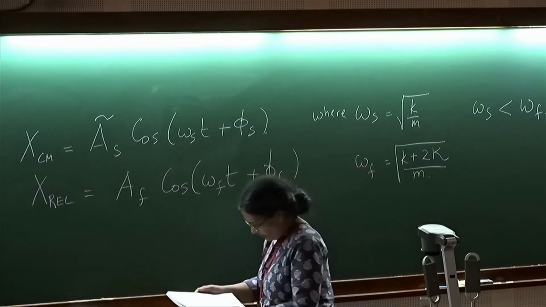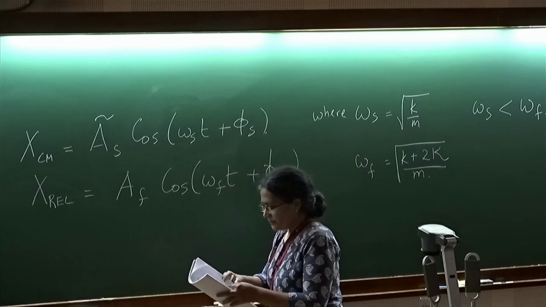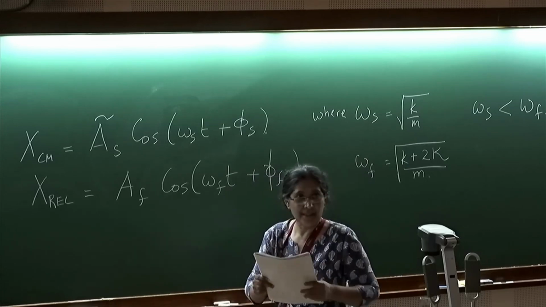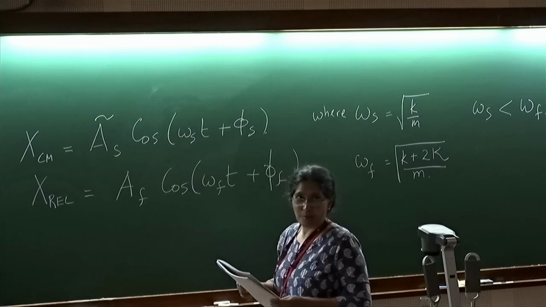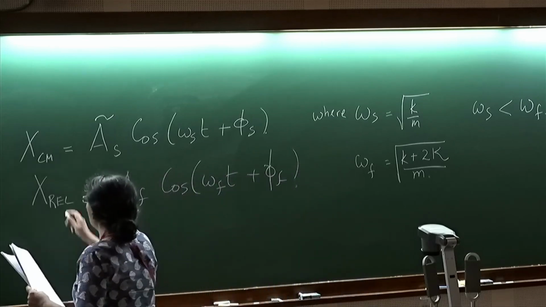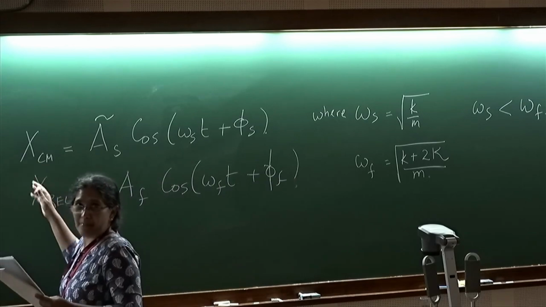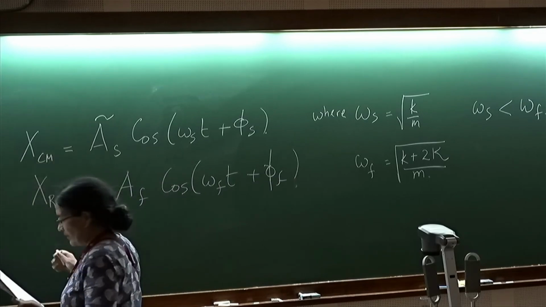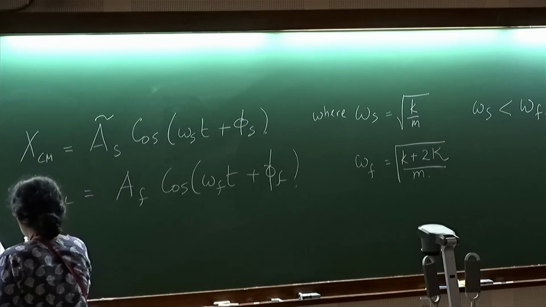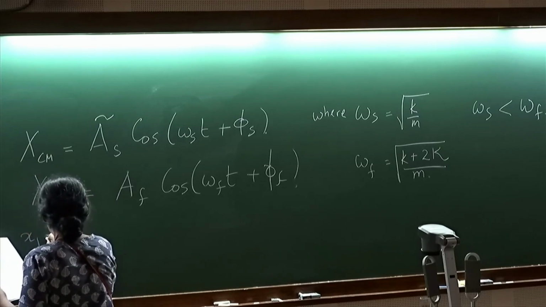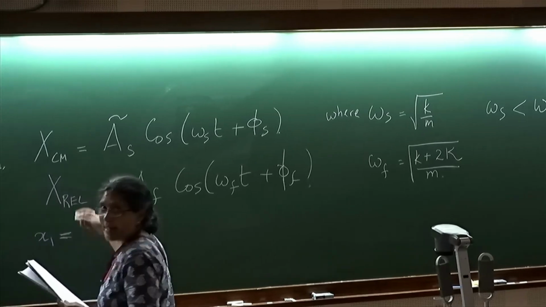Okay. So as you pointed out, can we find out what x1 and x2 are doing individually? So indeed, you can do that by taking some linear combinations of the center of mass and the relative coordinates, right? So if I write it, you can check for yourself by doing that algebra.